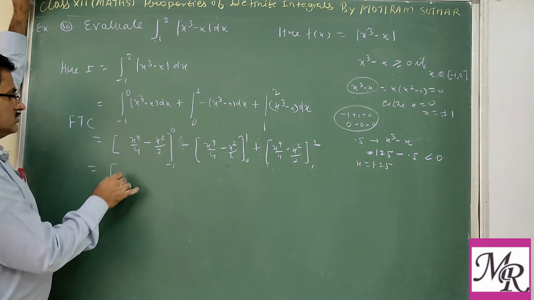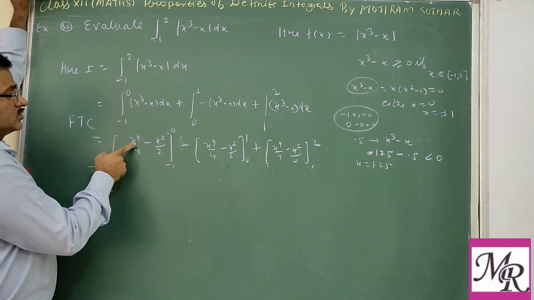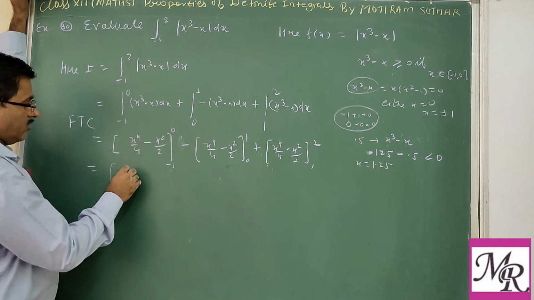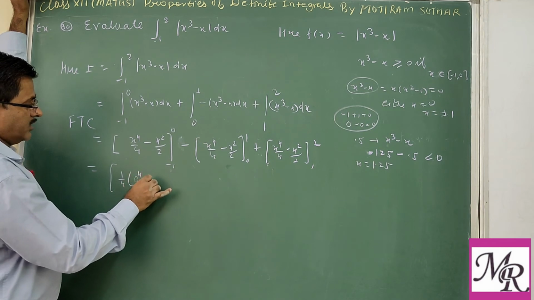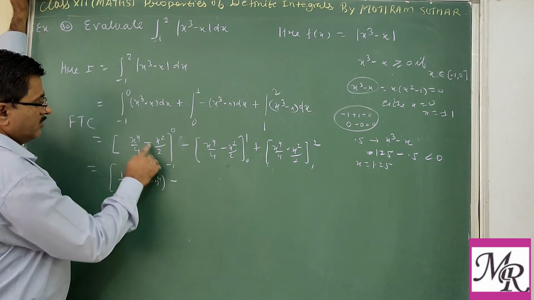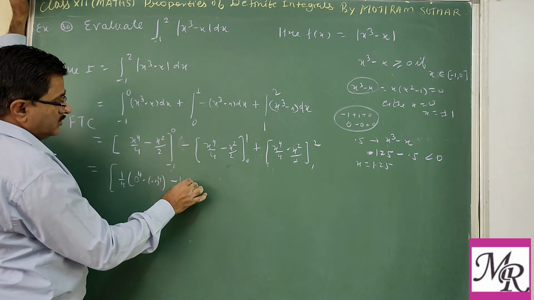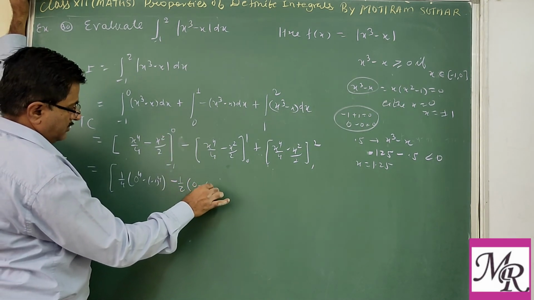Now you can use FTC: upper limit minus lower limit. Here you can put 1 by 4, upper limit 0 power 4 minus, minus 1 by 2, upper limit 0 power 2 minus lower limit.